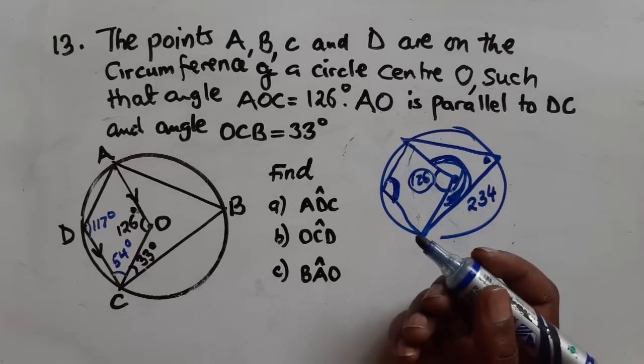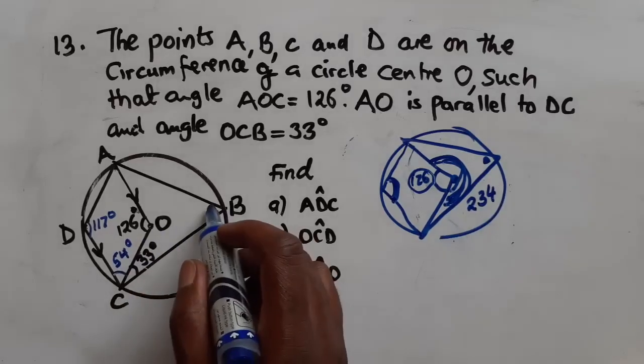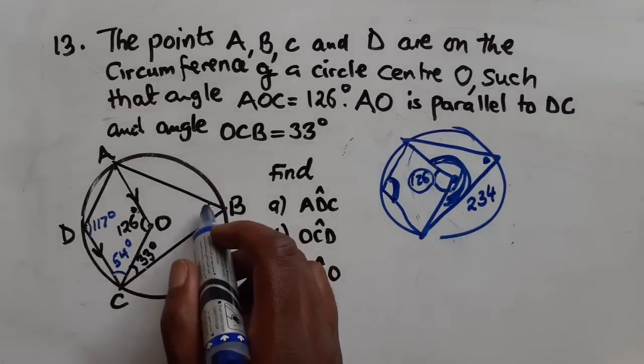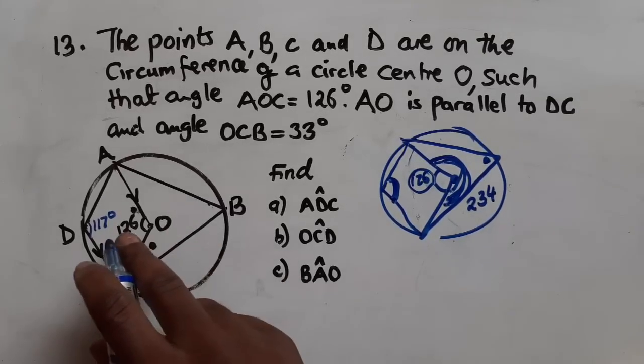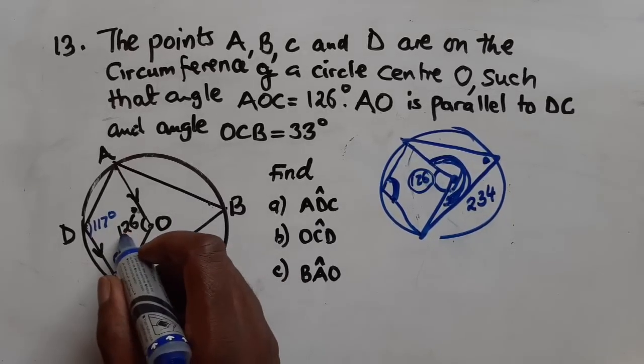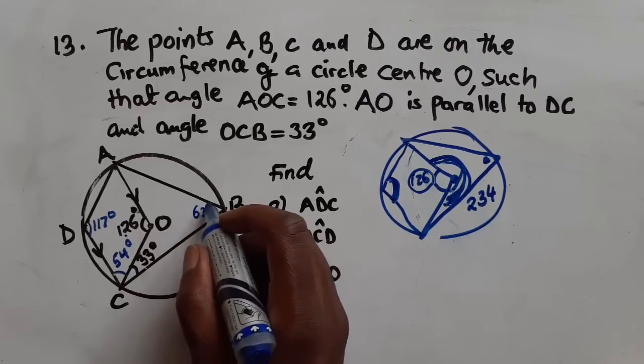You can use that concept, or when you find this angle here, we can go ahead and find this one also by dividing this one. When you divide this angle by 2, what do you get? You get 63, isn't it?